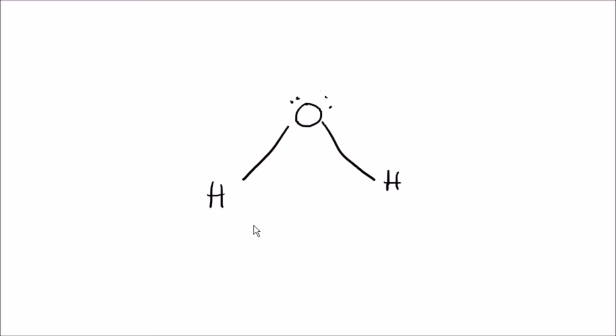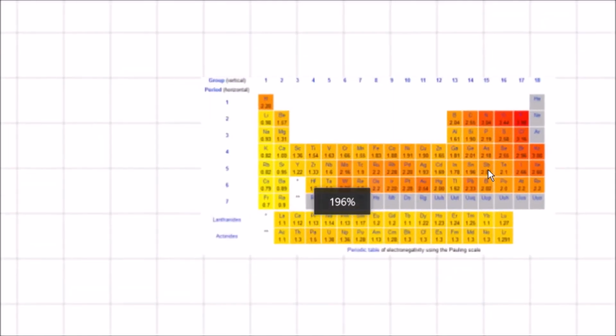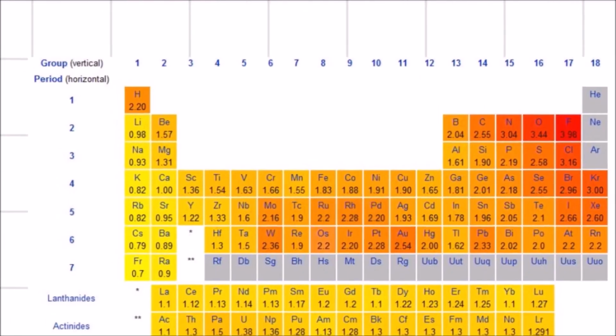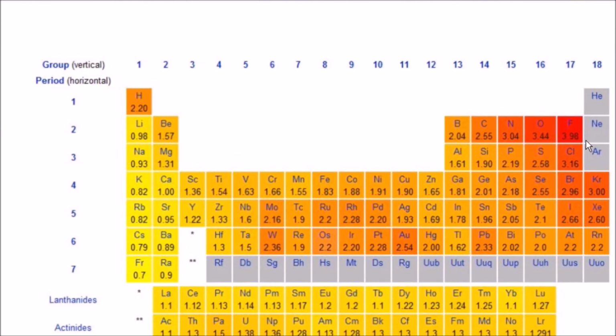Okay, so what does that mean when looking at our water molecule, right? Okay, in order to show you this, we'll go back to the concept of electronegativity, and I will show you an electronegativity chart. Okay, so here we have our periodic table of elements again, but this is modified. It's to show you our electronegativity values.